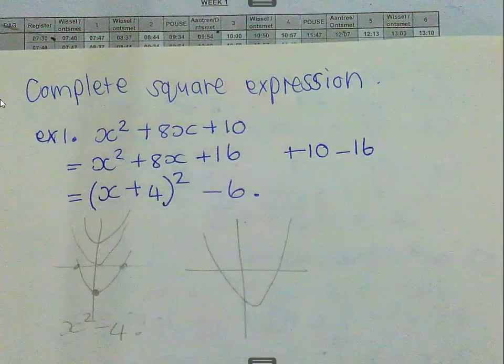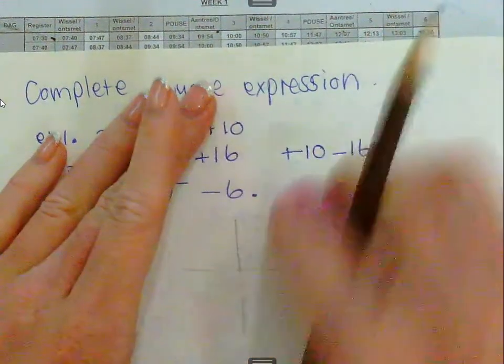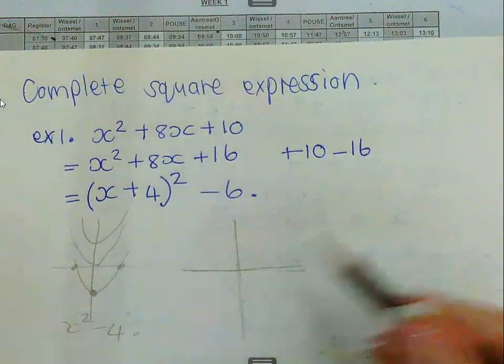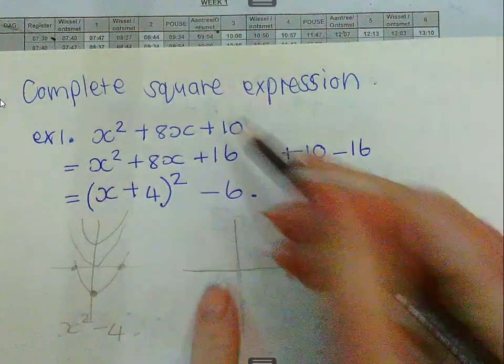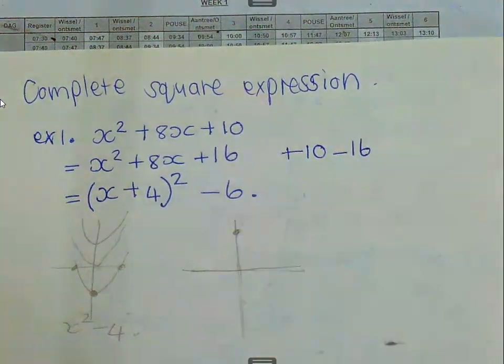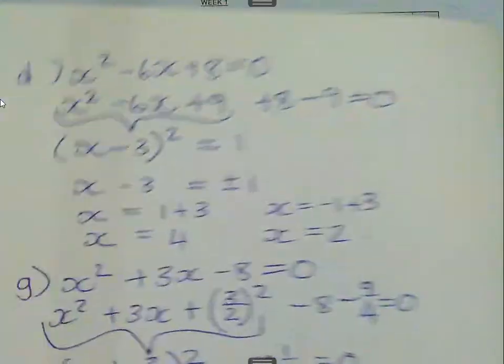We know that this graph cuts the y-axis. You don't know this yet, but I'm telling you this. It cuts the y-axis at 10. Okay? And then we can factorize it, and we can get the 2 answers of the intercepts, the x-intercepts, which we did with that previous activity.